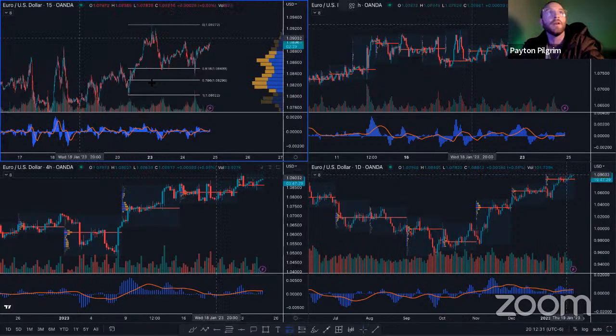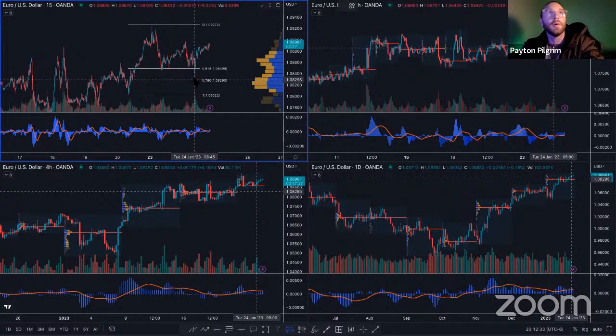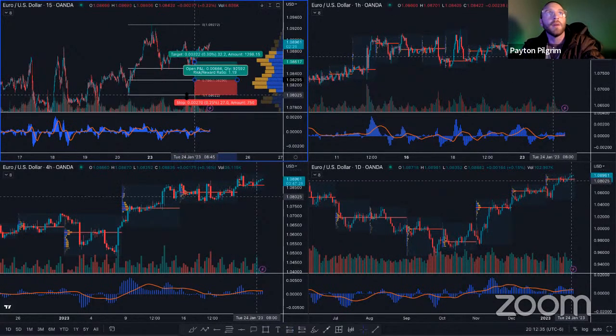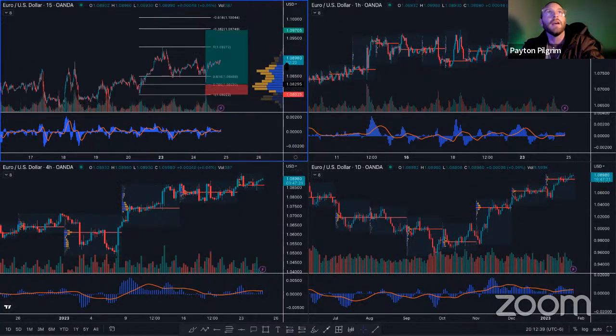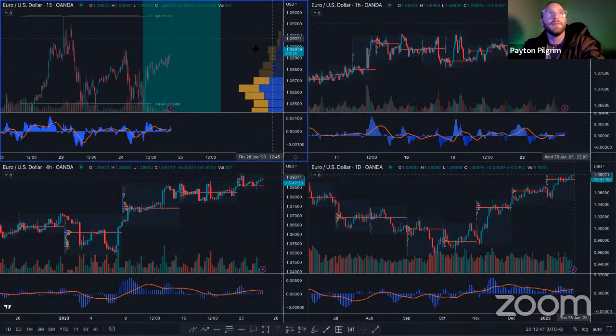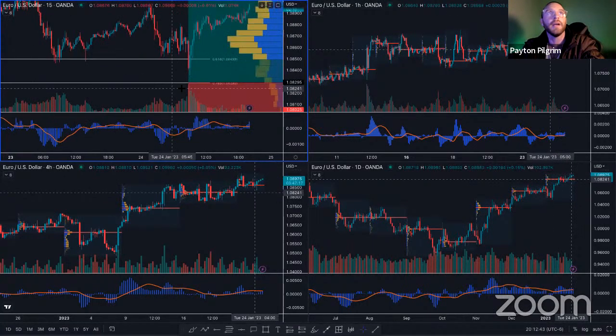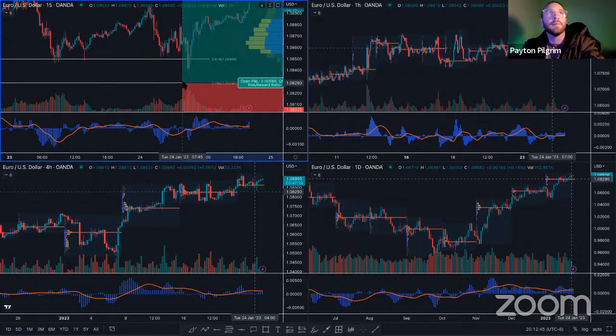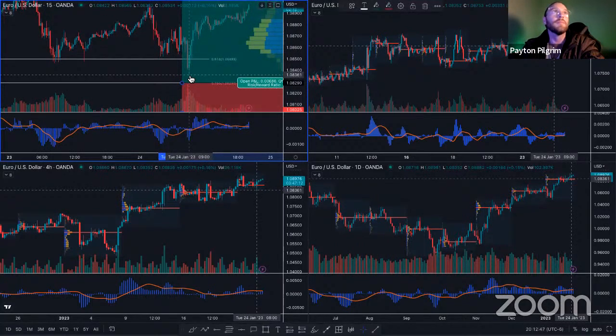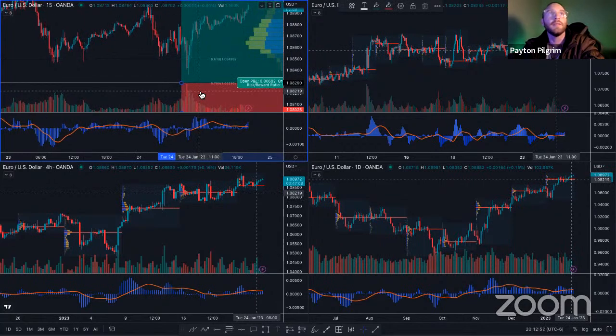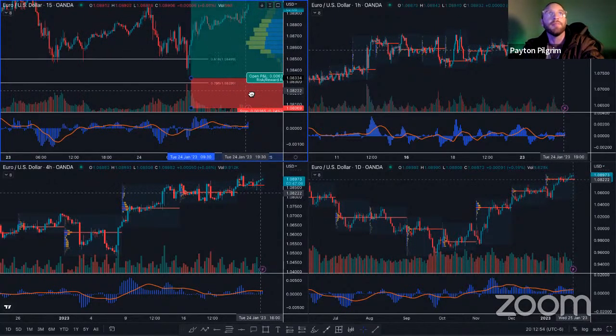So we went long here at the 78.6 with the limit order, the stop right below here. This is a trade that we sent out. It just barely missed by, let's count the pips, 35 and 29, so a 6-pip miss, basically.